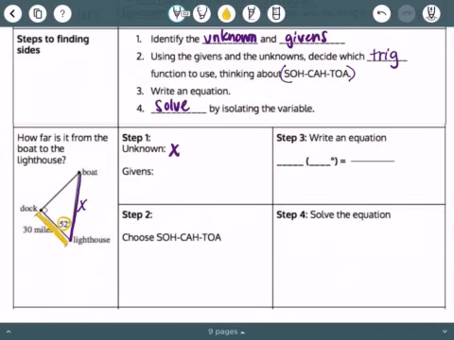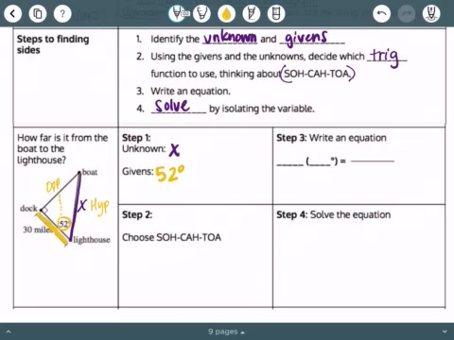I'm going to write down the things that they give me. They give me that the angle is 52 degrees, and they also tell me one of the other sides. So from this angle, I'm going to mark what my opposite, my adjacent, and my hypotenuse are. Here, this would be my opposite. My hypotenuse is my longest side.